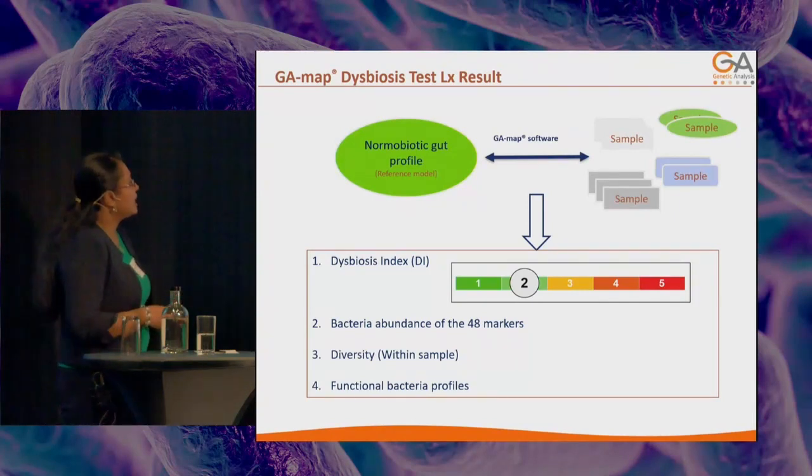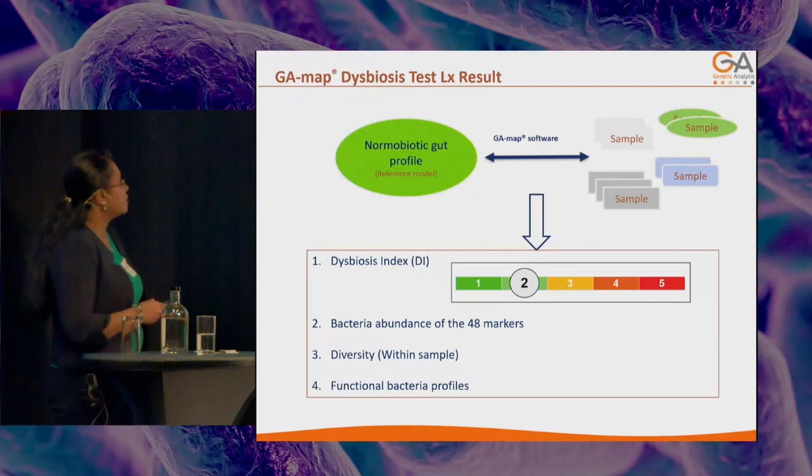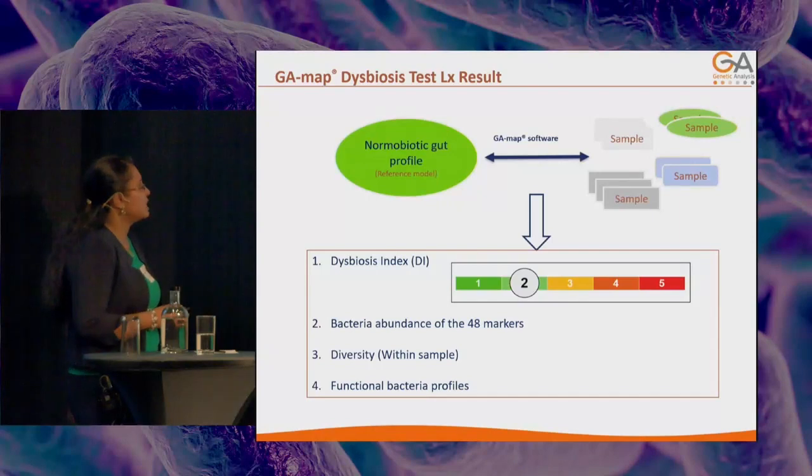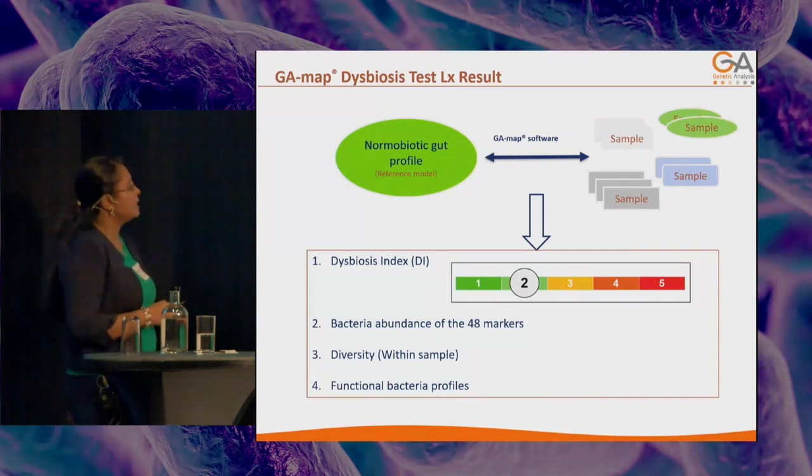We can subdivide the report into 4 major components. The first is the dysbiosis index. We score the sample with values from 1 to 5. If the deviation of the input sample from the reference model is quite small, then those samples get a value of 1 or 2.